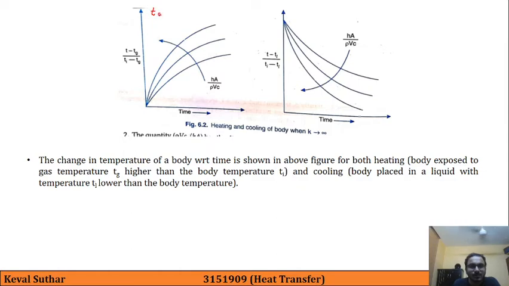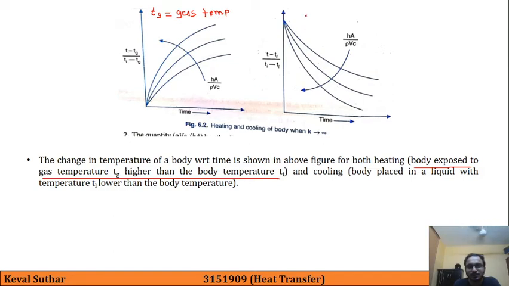Tg is gas temperature, which is higher than the body temperature. Here it is written that the body is exposed to a gas temperature Tg which is higher than the body temperature Ti, and in cooling the body is placed in a liquid with temperature TL.